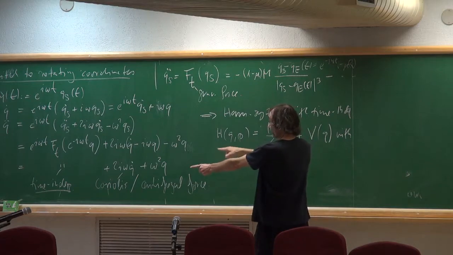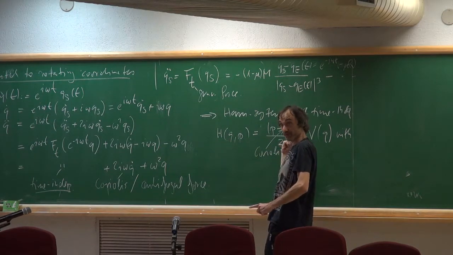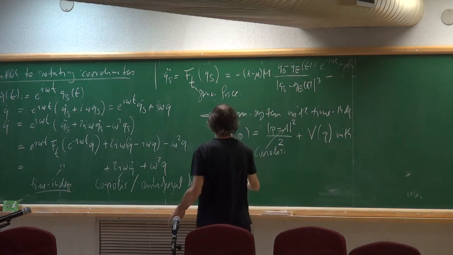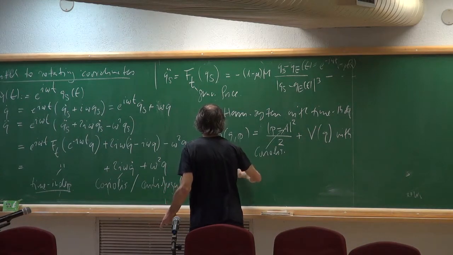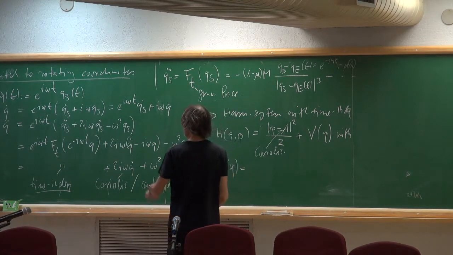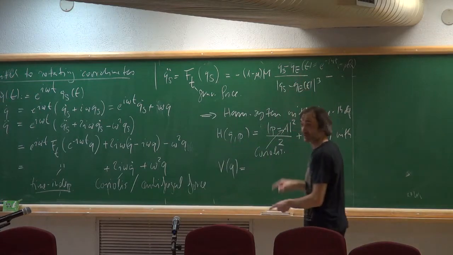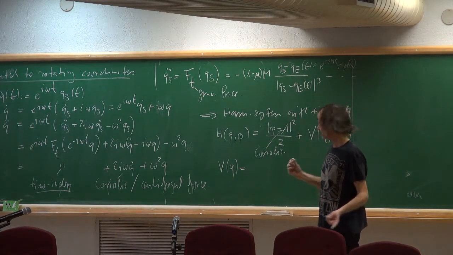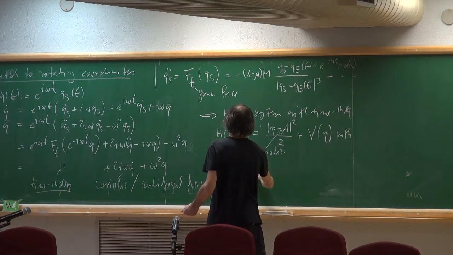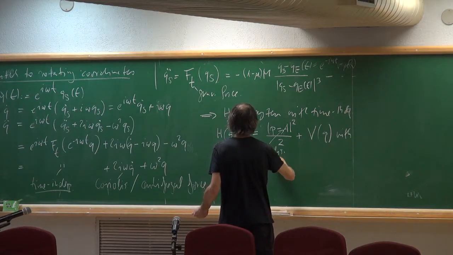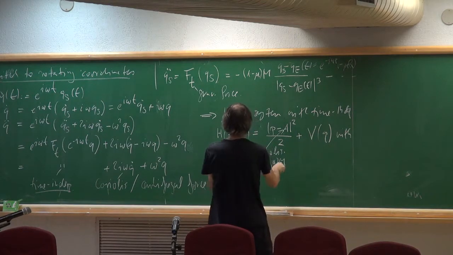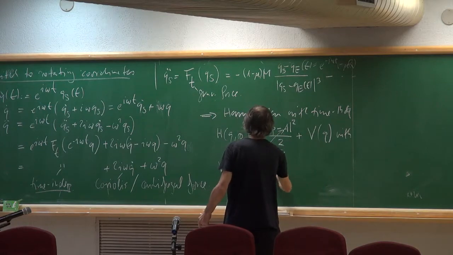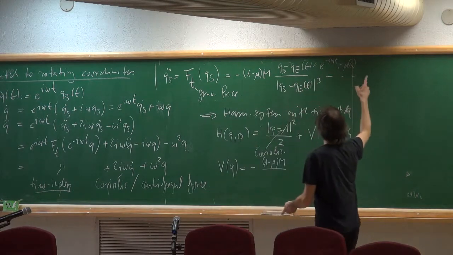Now all the other forces which show up must be generated by the potential. So the potential will be V of Q. We'll have the gravitational potentials with respect to the Earth and the Moon. So it will be minus 1 minus mu times, so this is the mass of the Earth, divided by the distance to the Earth, but now in the stationary system.